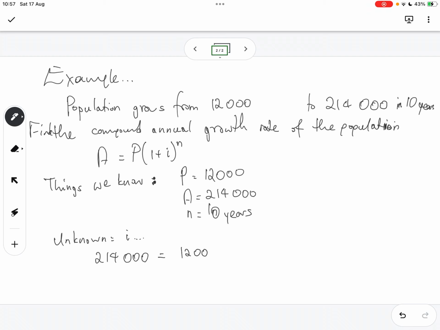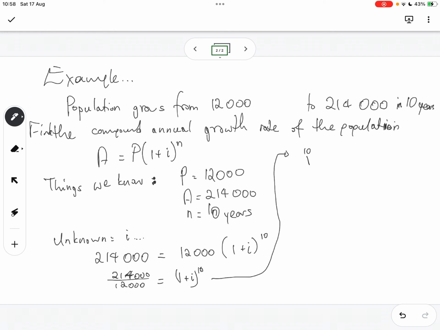Okay, so then we can substitute. We'll have 214,000 equals 12,000 into 1 plus I to the power of 10. The next step we do is take multiplicative inverses, so we will have 214 divided by 12,000 equals 1 plus I to the power 10.